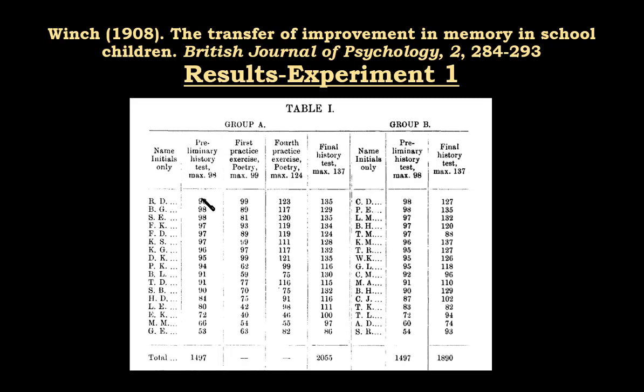Group A went through a preliminary history test with a maximum of 98 points, and these are the results. Group B also had this preliminary history test, with the same maximum of 98. It was the test used to separate the students into the groups, and these are the results.